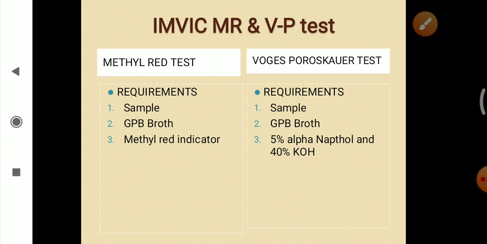If there is a development of red color, it indicates that the Voges-Proskauer test is positive. If there is no development of red color after 15 minutes, then we say that the Voges-Proskauer test is negative. Okay, this is all about the methyl red test and the Voges-Proskauer test.